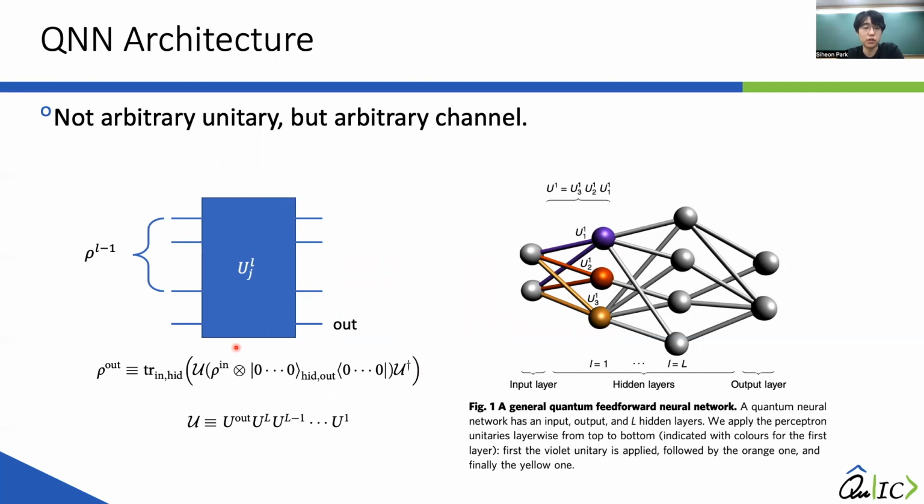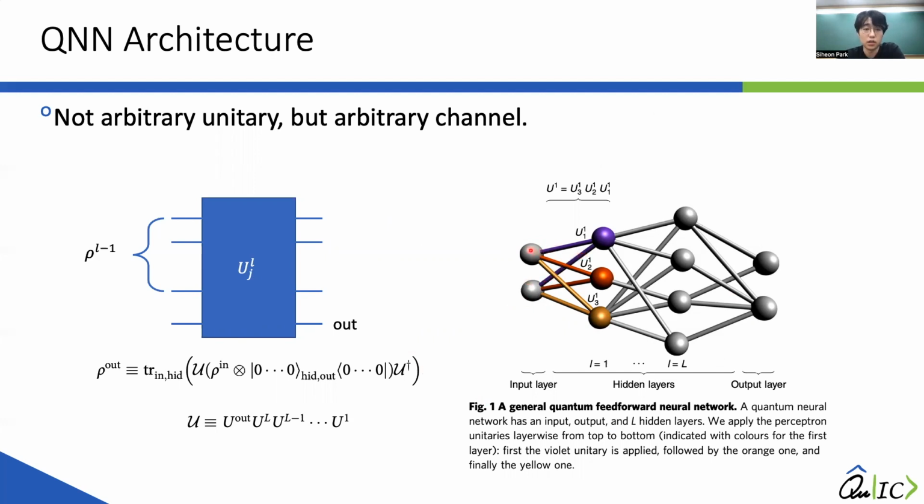A quantum channel in general is just applying some global unitary and tracing out the non-necessary outputs, right? So we input the mixed quantum states from the previous layer and perform some arbitrary unitary to get some output. So this unitary can be our new perceptron.